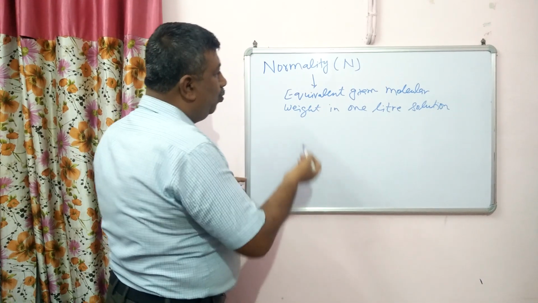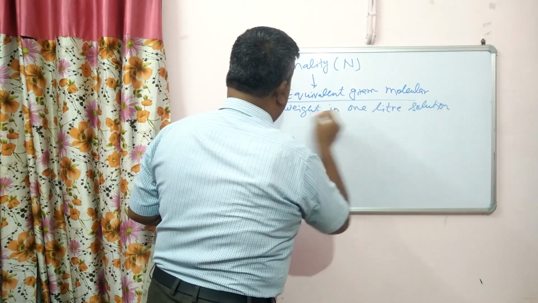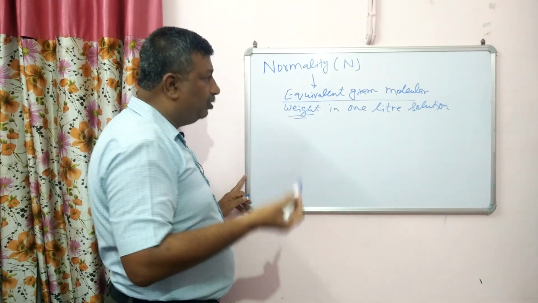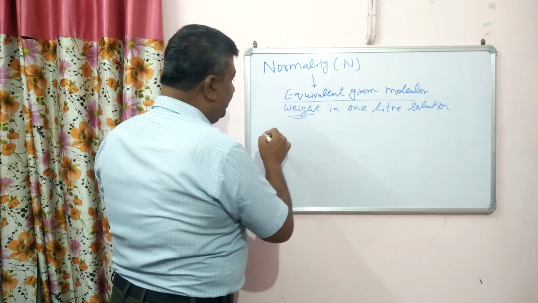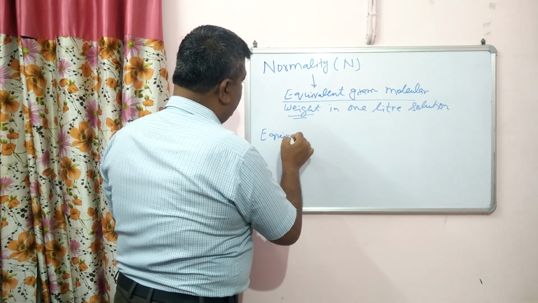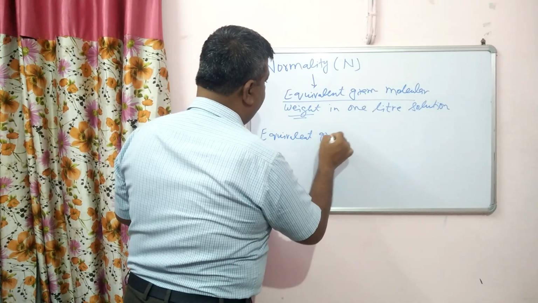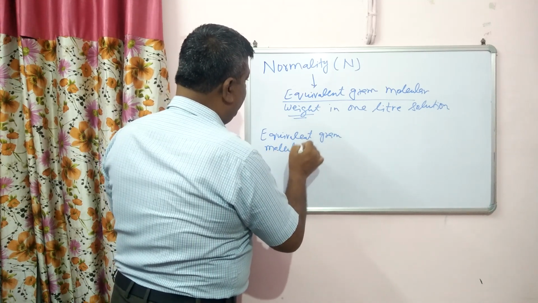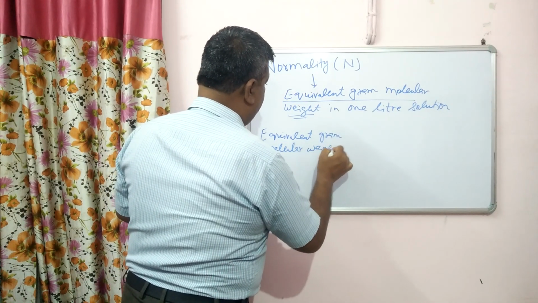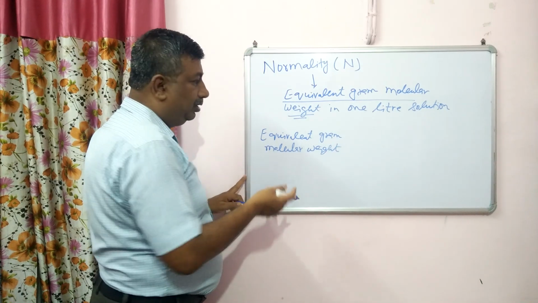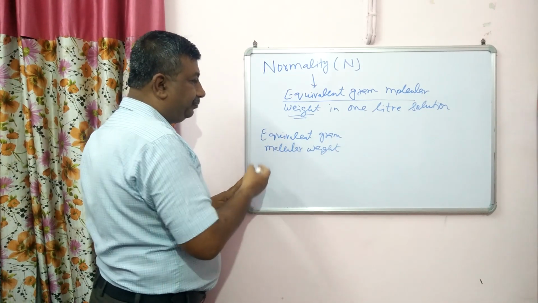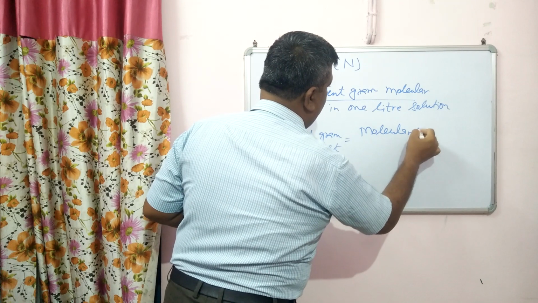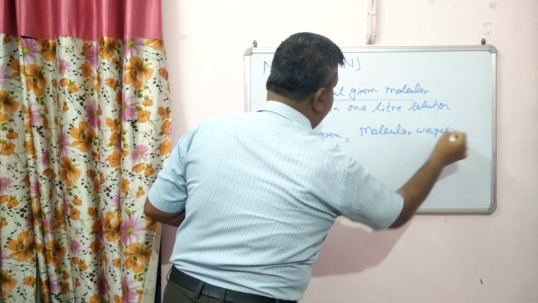Now question comes, what is equivalent gram molecular weight? We have discussed about the molarity. Molarity is the number of moles. When we talk about the equivalent gram molecular weight or equivalent weight, it is equal to molecular weight divided by valency.